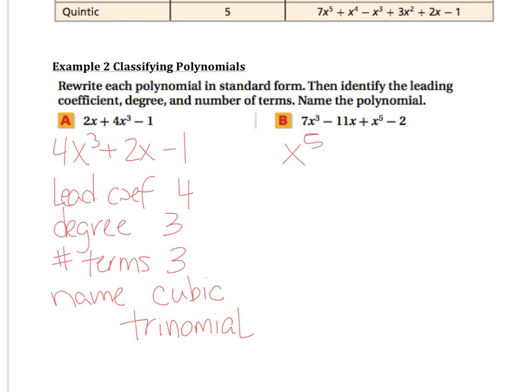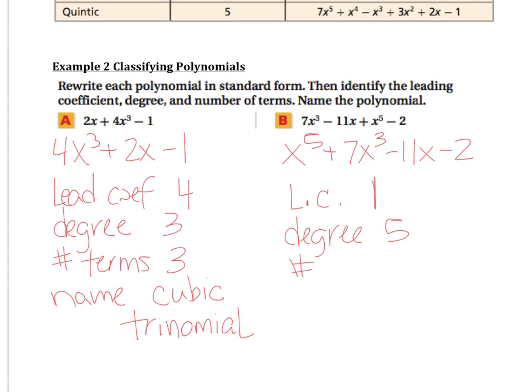So descending exponential order, I'm just going to call leading coefficient LC. There's nothing in front of there, so that's a 1. Degree is 5. Terms, we're adding or subtracting 4 items.